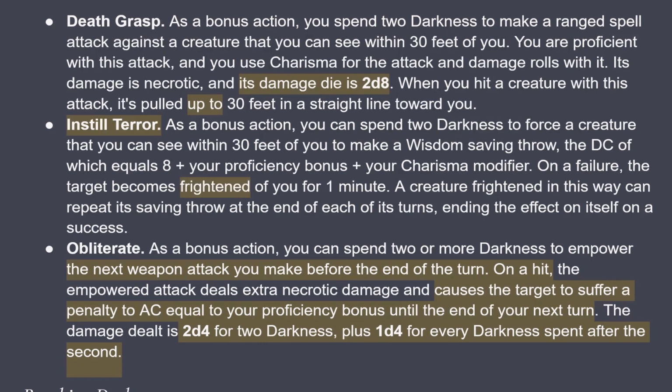But finally, we've got the last option, which is the Paladin Smite, Obliterate. Spend a bonus action and 2 darkness points to empower the next weapon attack you make before the end of your turn, and then on a hit, the empowered attack deals extra necrotic damage and causes the target to suffer a penalty to AC equal to your proficiency bonus until the start of your next turn.